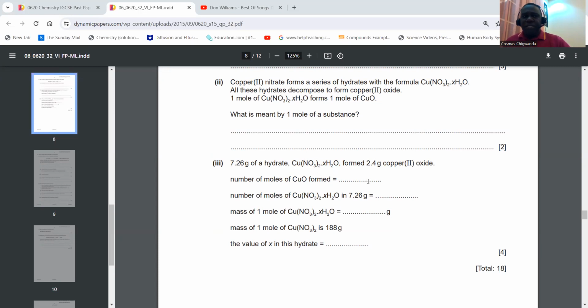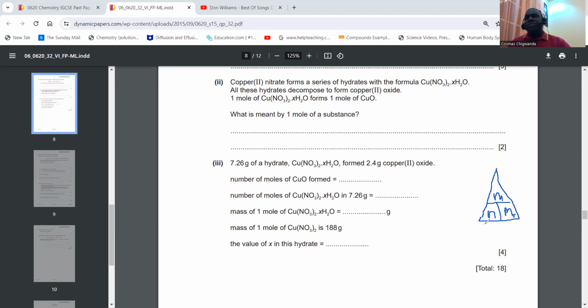Now, students, you need to remember this triangle. I always tell my students that whenever you are dealing with stoichiometry, remember this small triangle, whereby you have n as your number of moles, m as your mass given, and then you have your Mr, which is the relative molecular mass.